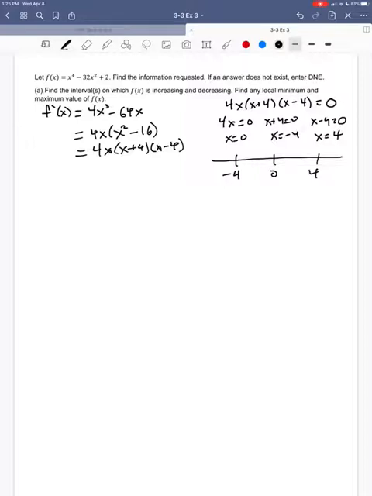And this then divides the number line into 4 intervals. All the way to the left, I would have from negative infinity to negative 4. Then I have from negative 4 to 0. Then I have from 0 to 4. And then I have from 4 to infinity.